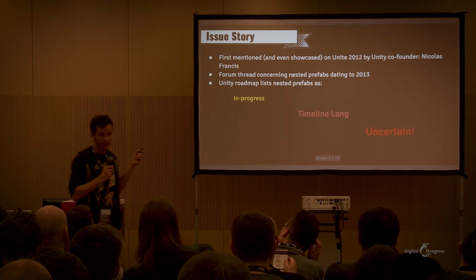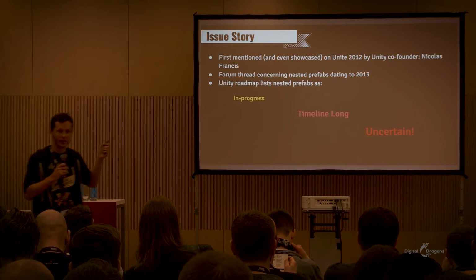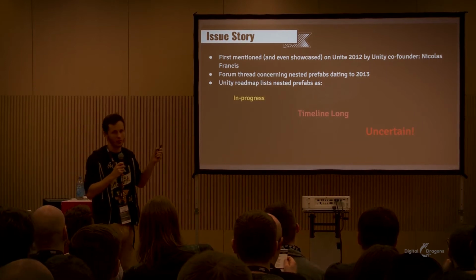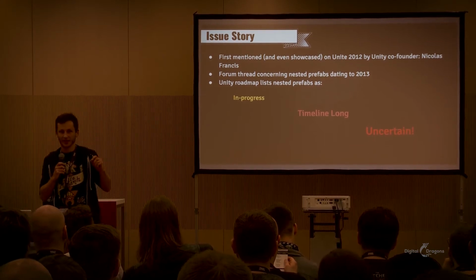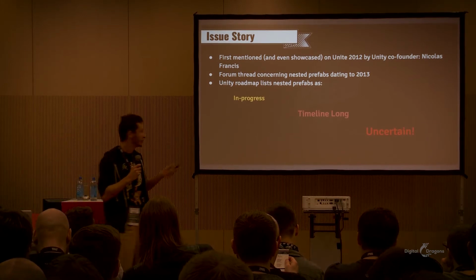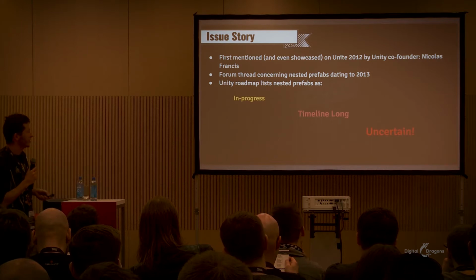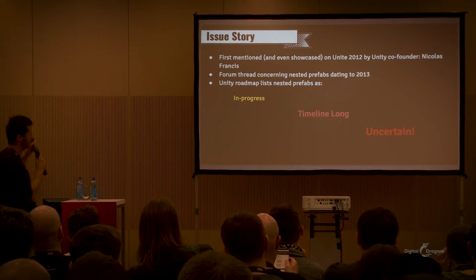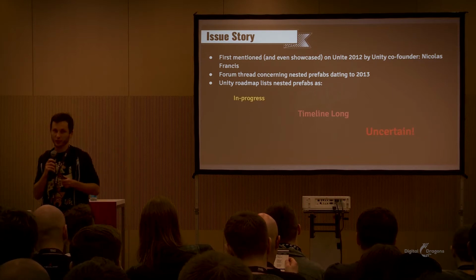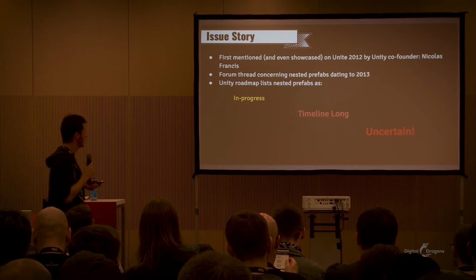A little bit of the story of the issue. The fix for this was first mentioned at Unite 2012 by Unity co-founder Nicholas Francis, who, by the way, doesn't work there anymore. He decided he wanted to do games, not engine, so a few years ago he changed his job. Then there is a forum thread concerning nested prefabs dating to 2013 with a lot of annoyed people who want the feature fixed.